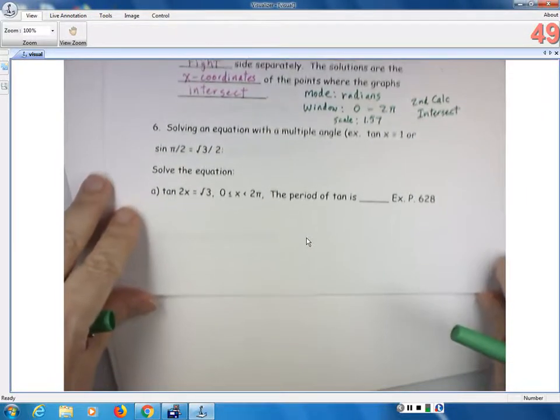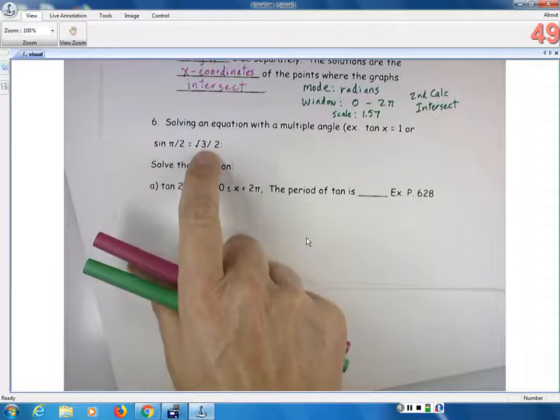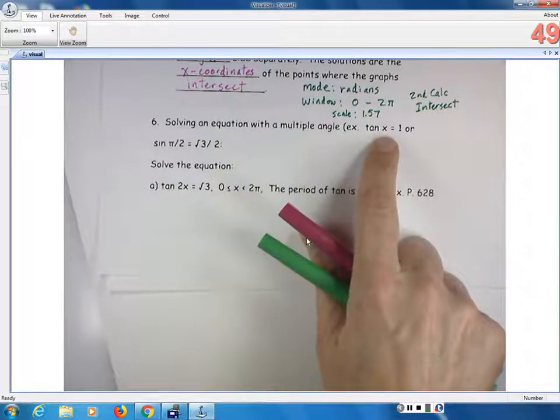All right. So now we're going to do another one. How do you solve an equation with multiple angles? So we've got tangent x equals 1, for instance, or sine pi over 2 equals square root of 3 over 2.